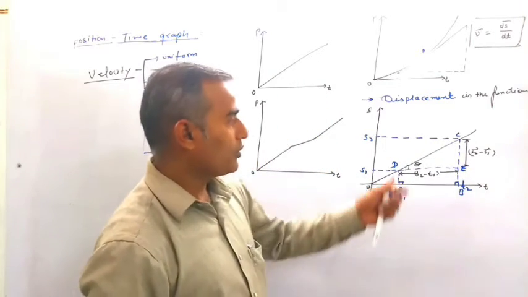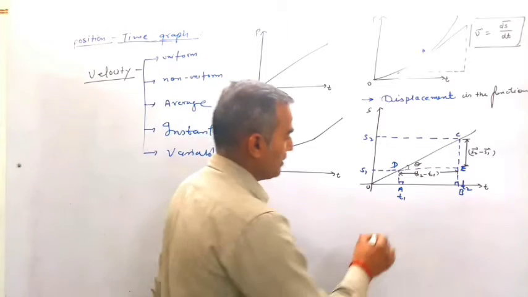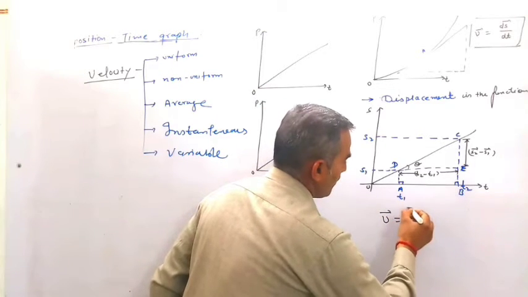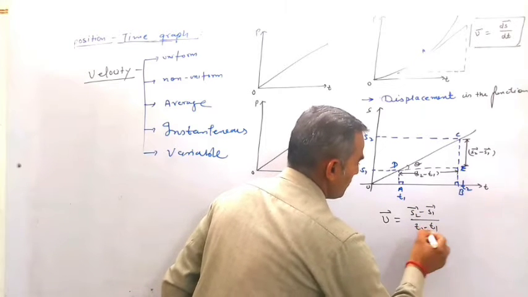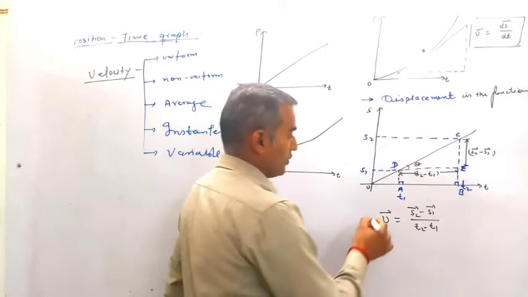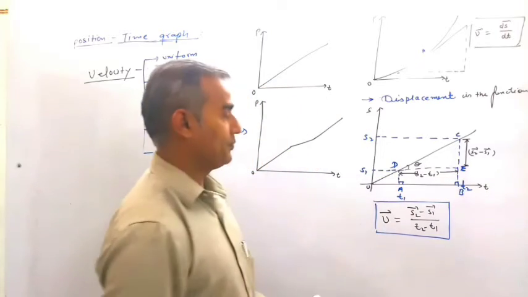So according to this graph, the average velocity v is equal to s2 minus s1 upon t2 minus t1. By this formula, you can calculate the average velocity.